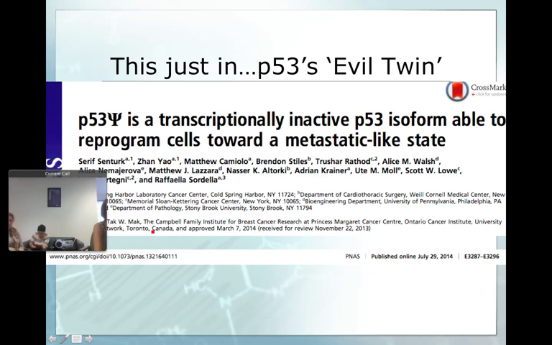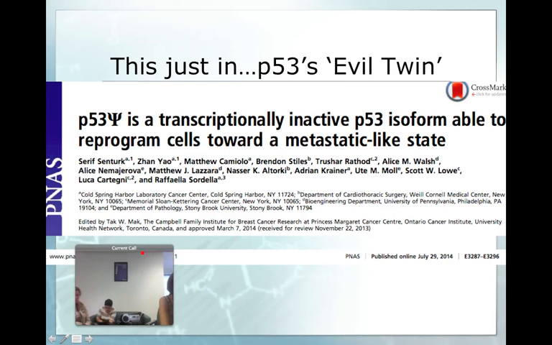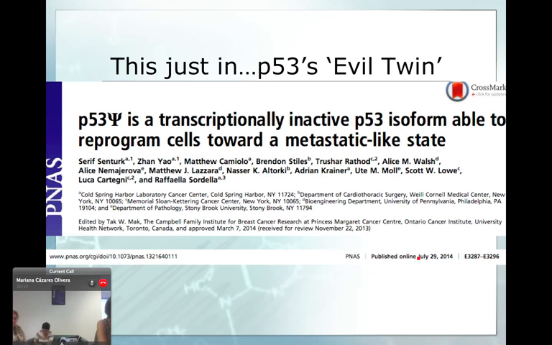And this is one that just came in, that I just mentioned. This was just published online, so it's not even really in the journal yet, I don't think, at the end of July. And this is a form of p53 called p53 psi, the Greek psi.